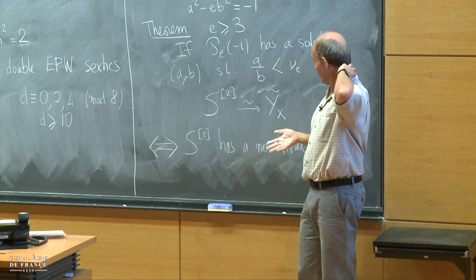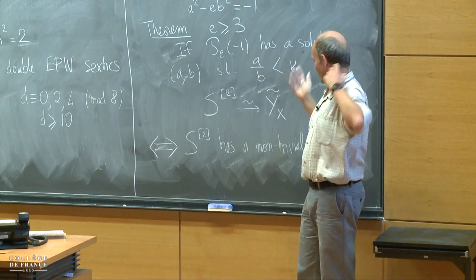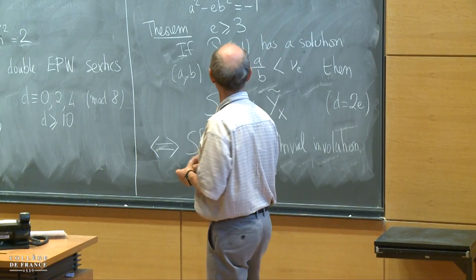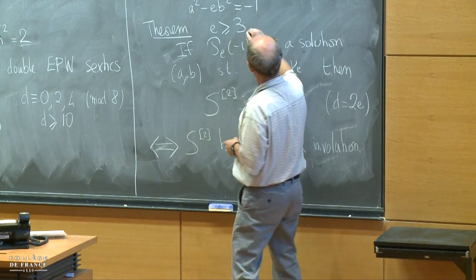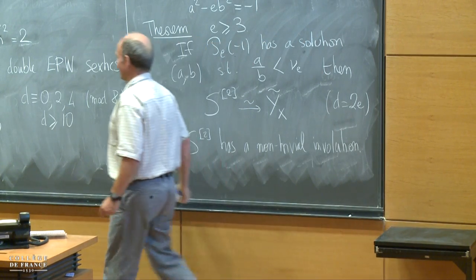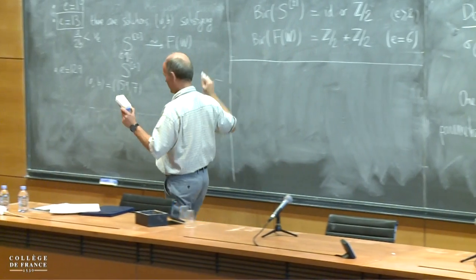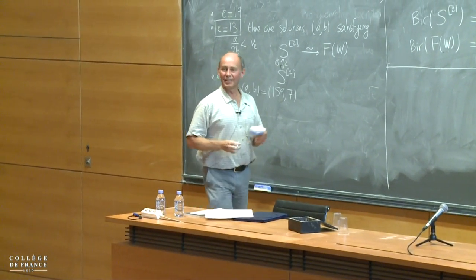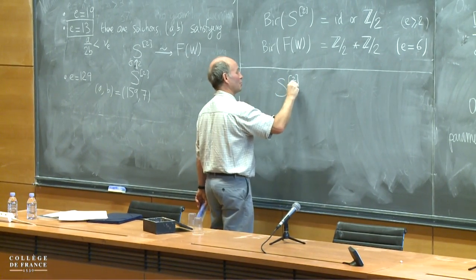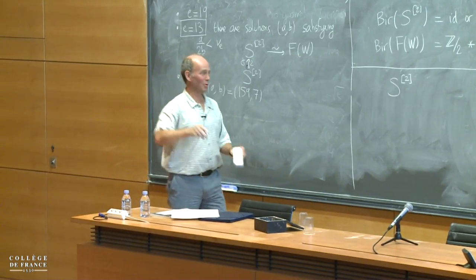So the quotient by the involution is just the EPW sextic. Then you might say, well, this doesn't fit so well with the Beauville involution. And so this is why here we're assuming that E is at least 3. I think Kieran mentioned it. In the case of the Beauville involution, remember, it takes 2 points in a quartic and associates the residual 2 points.